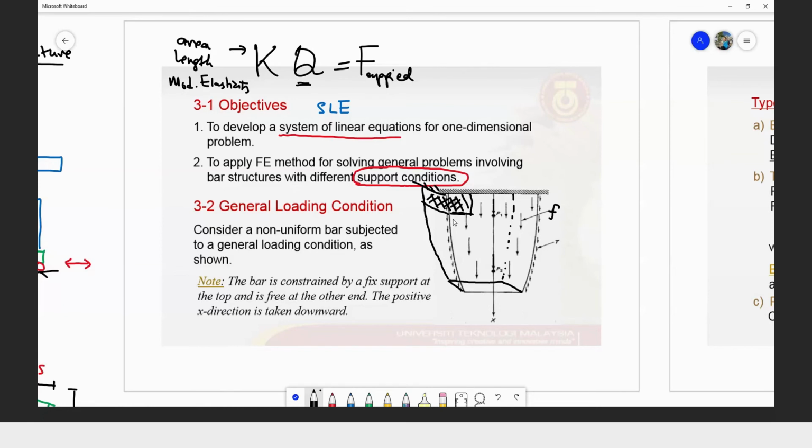I weigh it, so it has a value of weight, right? So this body force actually comes from the weight of the structure itself.